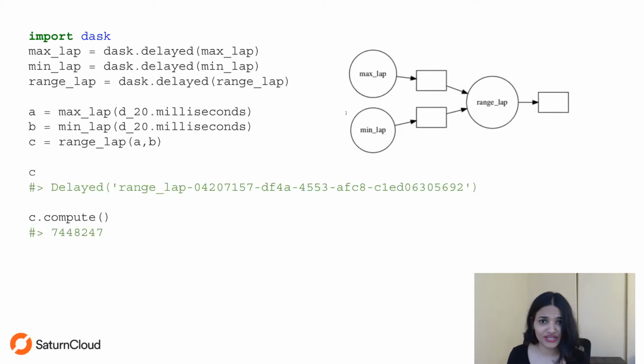So Dask delayed realized that, hey, finding the maximum lap time and finding the minimum lap time, they are not related to each other. I can execute those in parallel. So this is how the task graph was built. And then in the last line, when you do .compute, when you are explicitly telling Dask to do the computation, it is going to look at this task graph and do the computation in the most parallelized way.